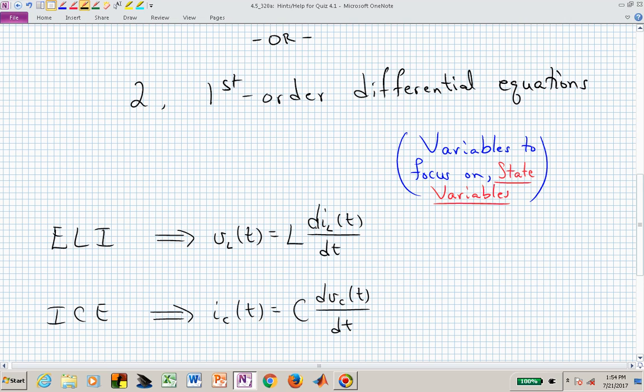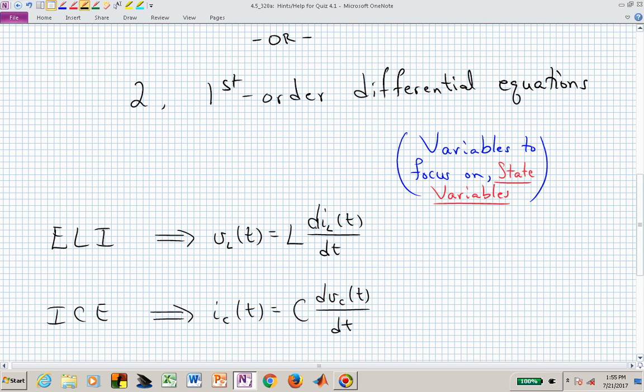For the inductor, it's V sub L is equal to L di sub L dt. That's the relationship between the current and voltage of an inductor. And for the capacitor, ICE tells us that the current through the capacitor, I sub C of t, is equal to C dV sub C dt.